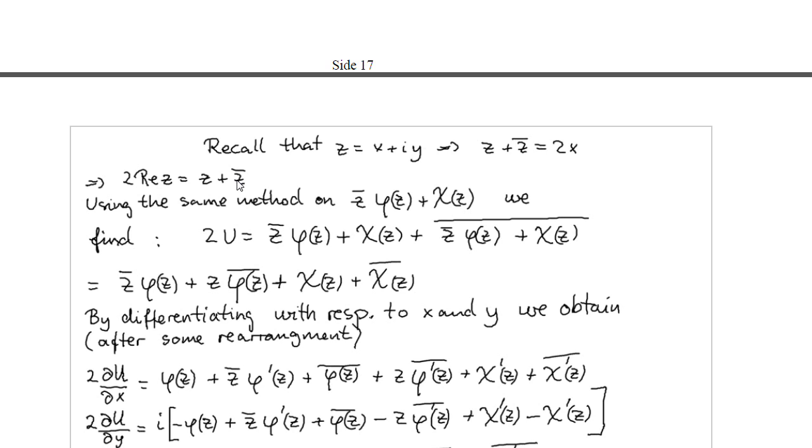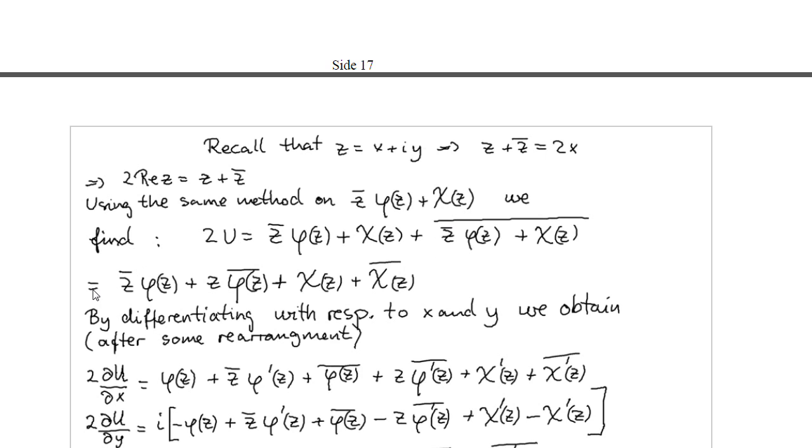So using the same method on this expression, which is taking the real part of this is equal to u, we obtain that 2u is equal to this plus its conjugate.